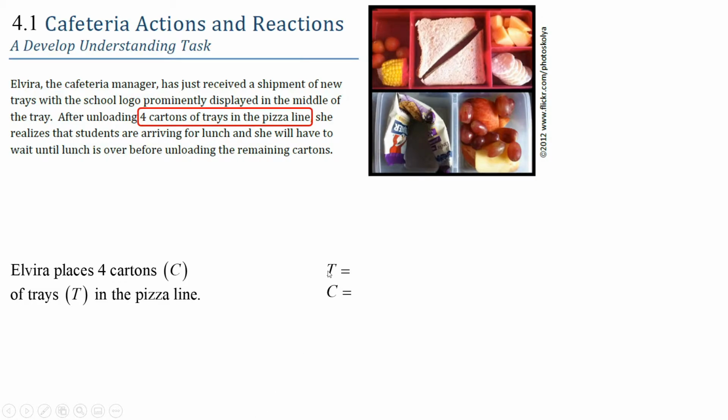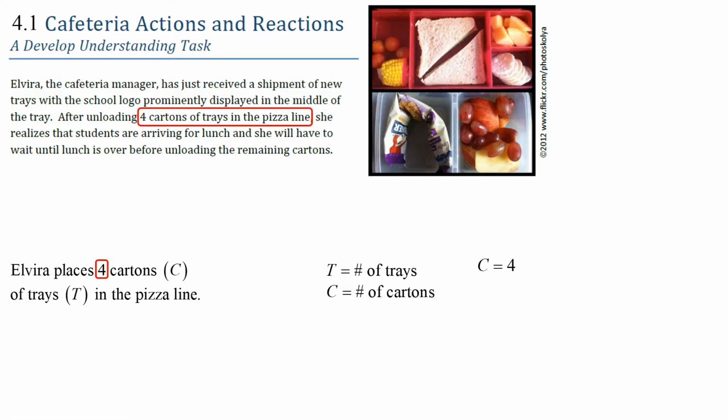T, number of trays, and C, number of cartons. So I'm just declaring my variables. And then all they have told me so far is that Elvira unloaded 4 cartons of trays. So C equals 4.